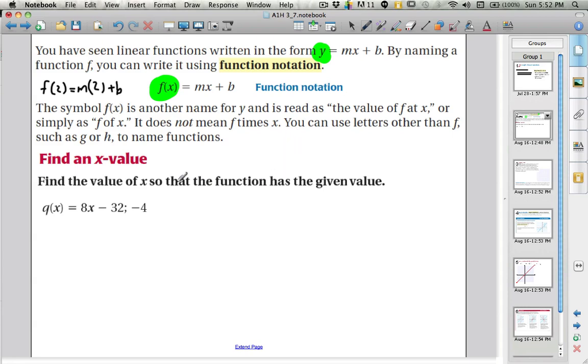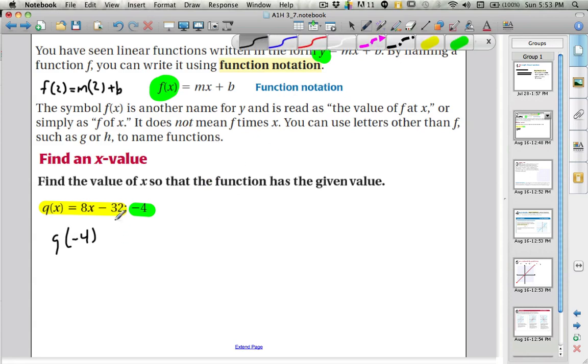Okay, so if we want to evaluate a function for a given value like I talked about up here, say find q of negative 4, what they've given me is that q of x is 8x minus 32, and they want me to find the value of this function when x is negative 4.